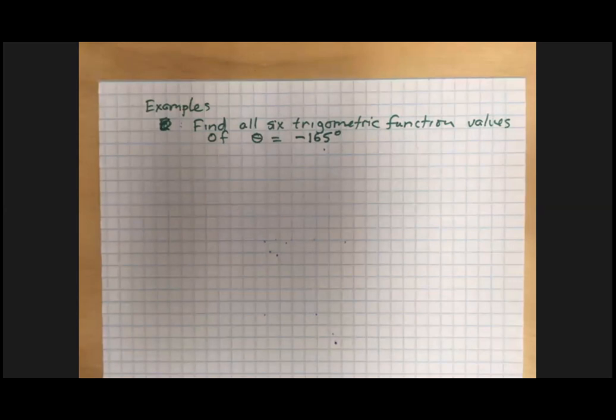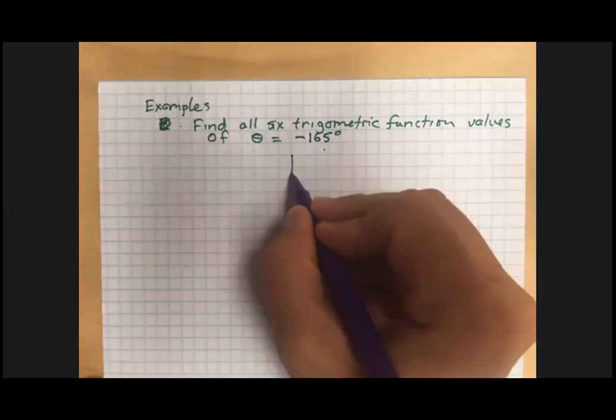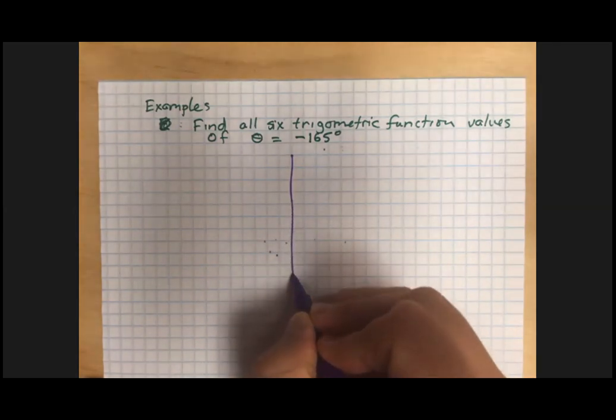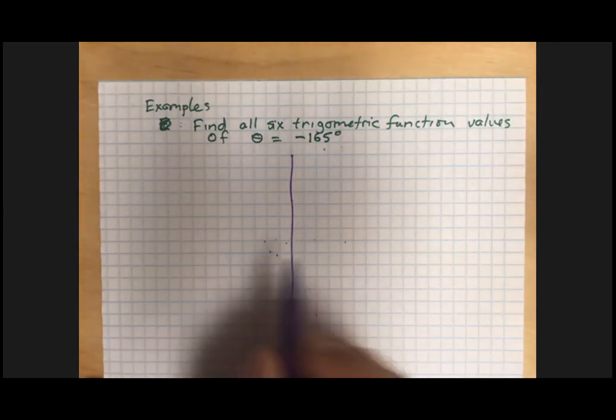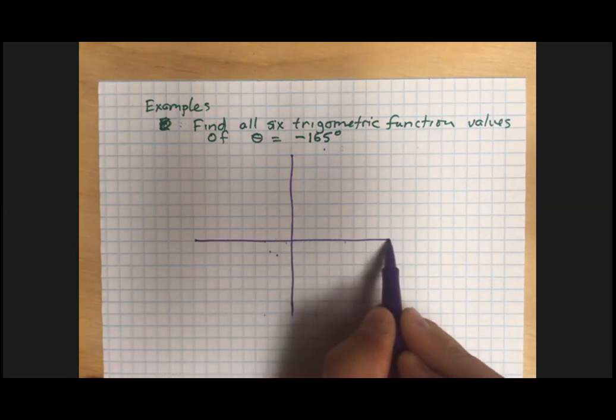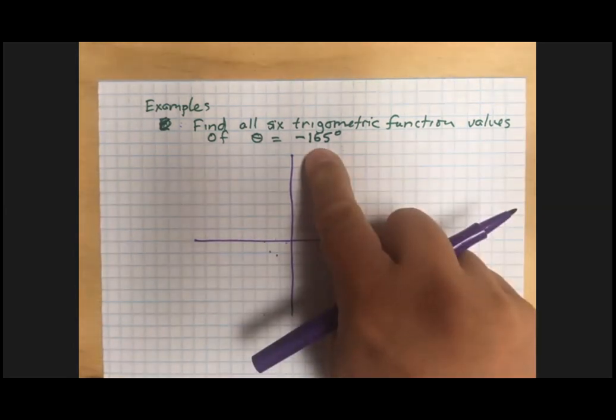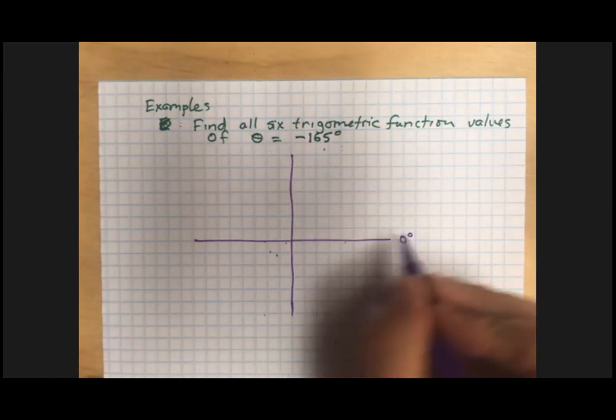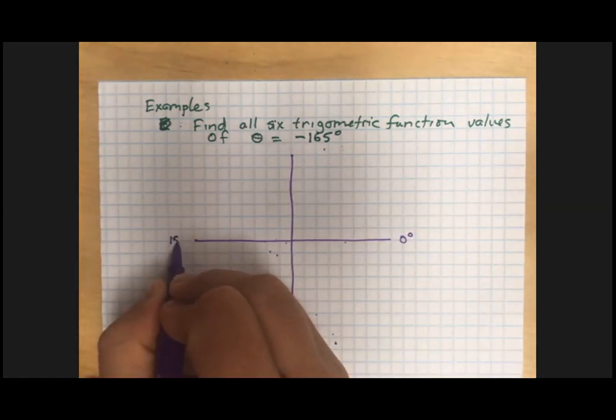Okay. Pick up a different color here for variety. First job is, where the heck is that angle? So I had to think about negative 165. This is 0 degrees. This is 180 degrees.